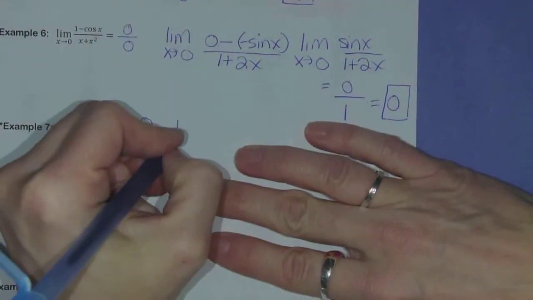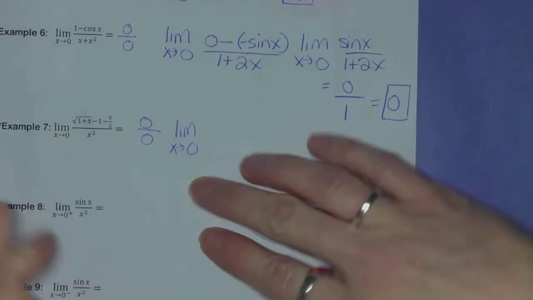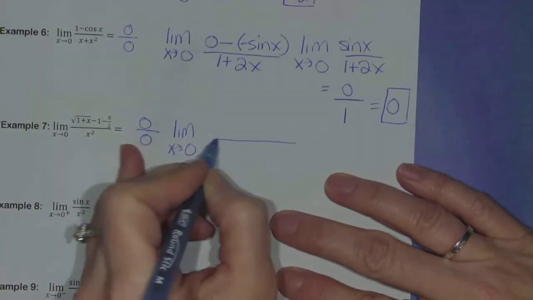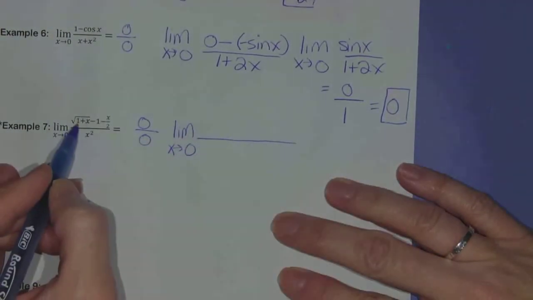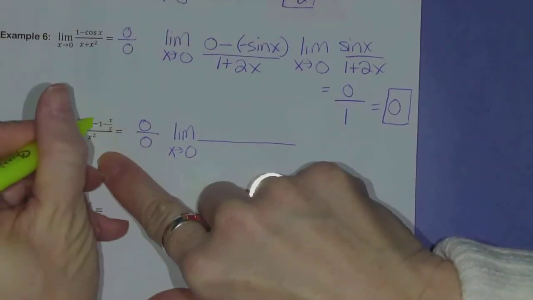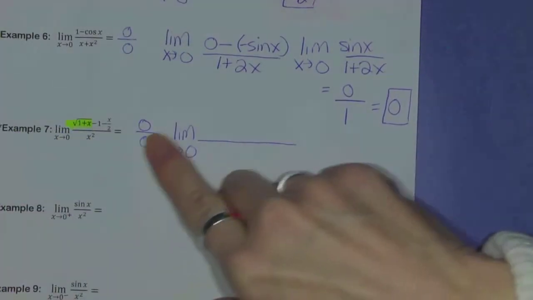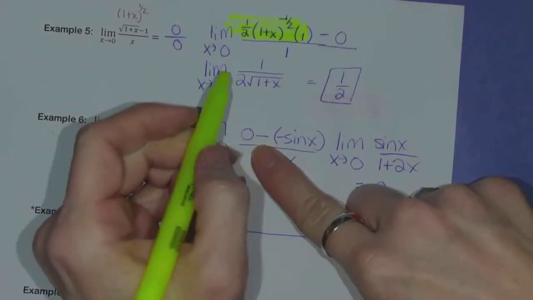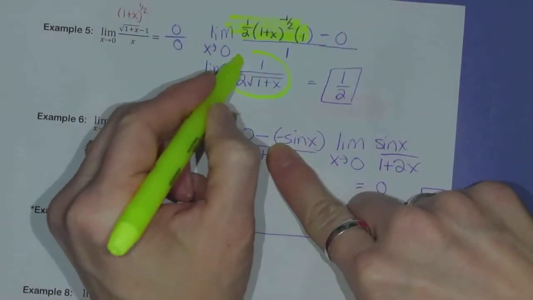Okay, so limit as x approaches 0. Here we go. Derivative of the top. Well, I think I'm going to steal something here. Didn't I just take the derivative of this guy right here? I already did him in example 5 right here, and I ended up with this clean answer right there.